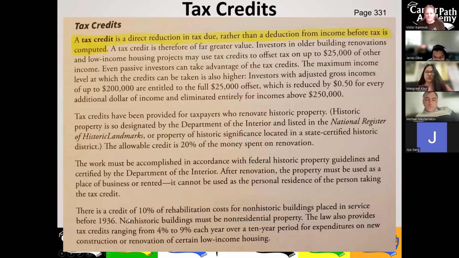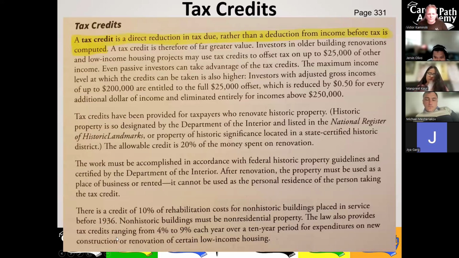There's a credit of 10% on the rehab cost of non-historic buildings placed in service before 1936. I guess they're old buildings, so they seem historic, but they don't have a historic significance about them. So non-historic buildings must be non-residential as well, though.